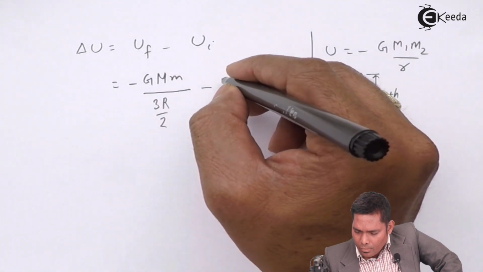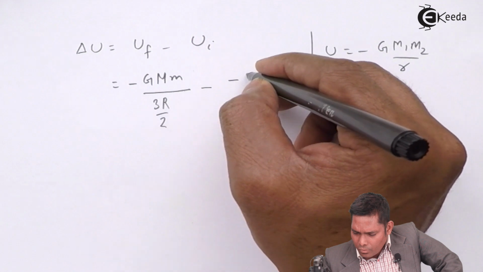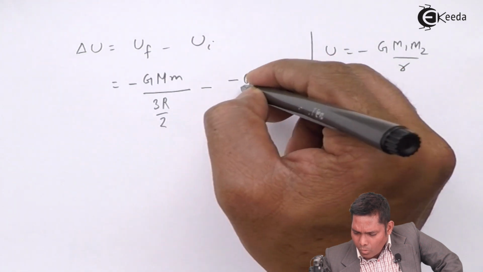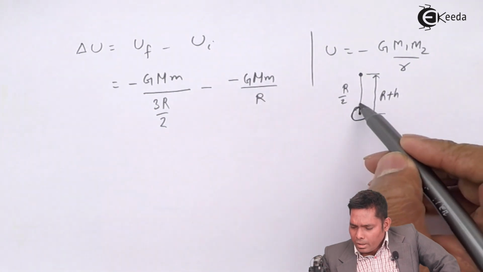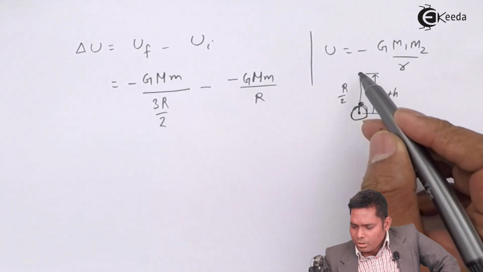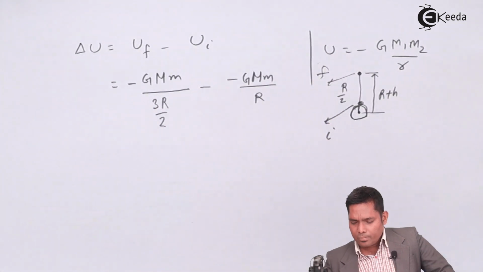Minus, and this formula is again minus G M m over r. Here r is now R, because this is the initial position and this is the final position.